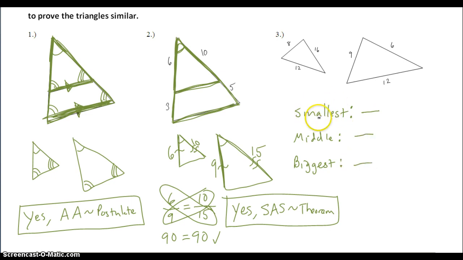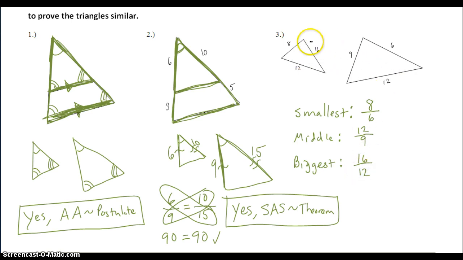The smallest side in my first triangle is 8, and the smallest side in my second triangle is 6. And my middle sides: in my first triangle, 8, 12, and 16, 12 is my middle side. And in this second triangle, 9 is my middle side. And 16 is my biggest, and 12 is my biggest.